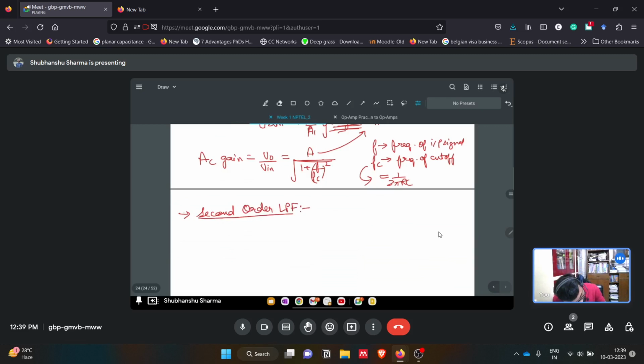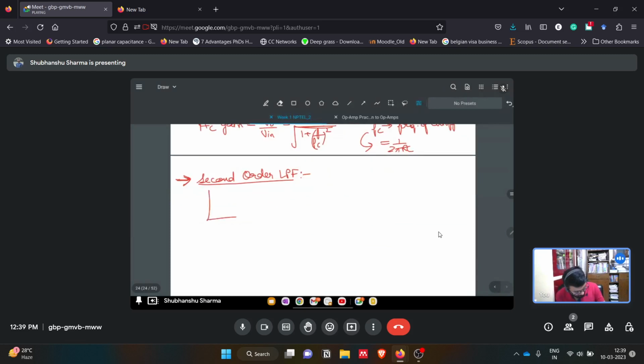Here, since we were getting a roll off of minus 20 dB per decade in the first order case, where this is gain and this is frequency, that was for first order.